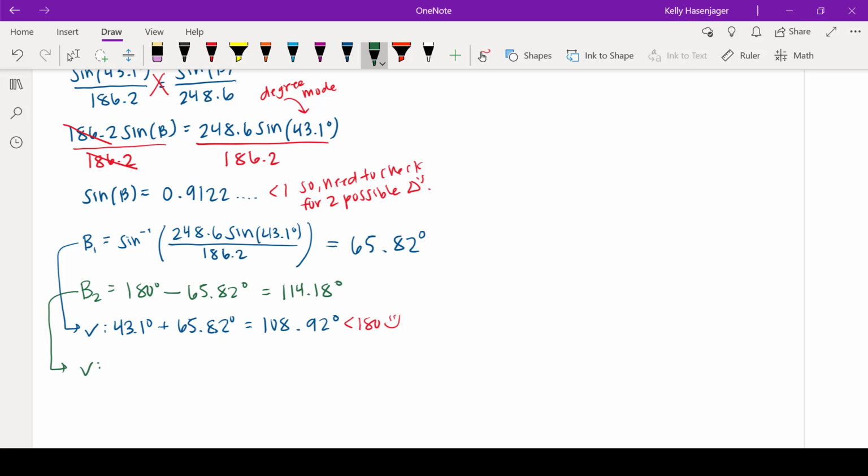Now let's check our second angle. So again, we start with our given A angle, 43.1, then add our second B angle choice, 114.18. And again, we're just making sure that this is less than 180 degrees because it's two angles of a triangle. Since both of them were, that tells us that there are two triangles that we're going to solve for.